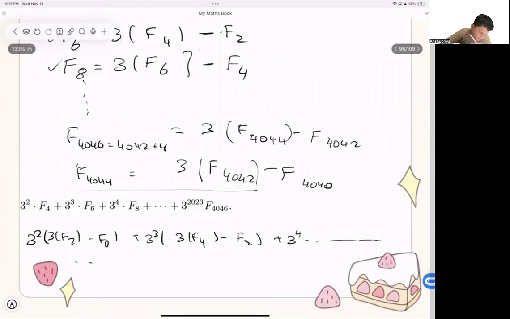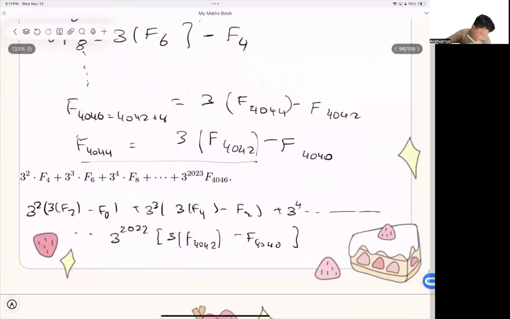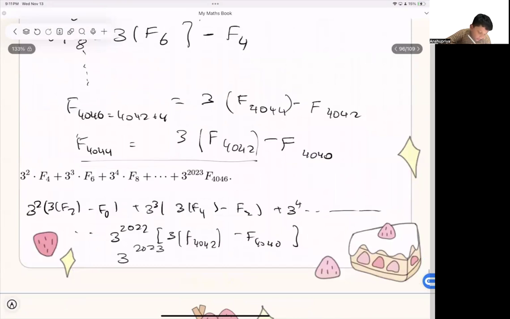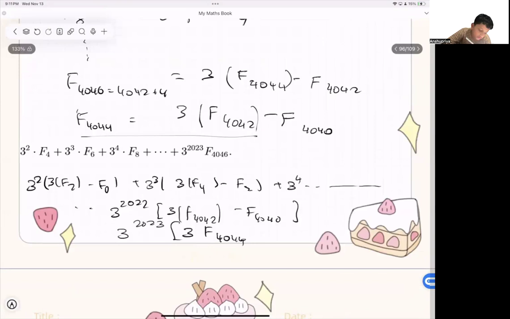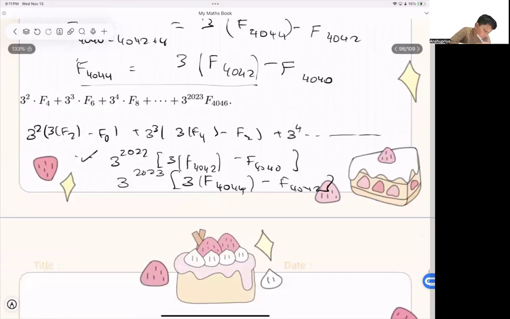We will put the last two terms, 3 to the 2022 times 3F4040 minus F4038, and 3 to the 2023 times 3F4042 minus F4040. Okay, we have these two.